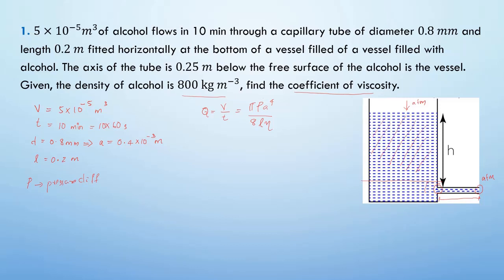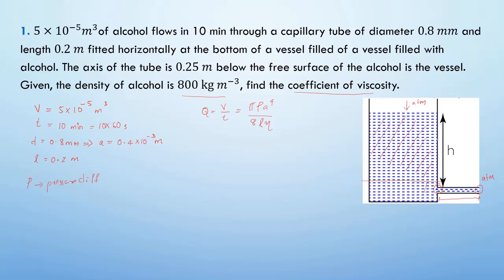I repeat, the pressure of the liquid at this point is atmospheric pressure plus the pressure of the liquid at this point, which is imparted by the weight of a liquid column above it.